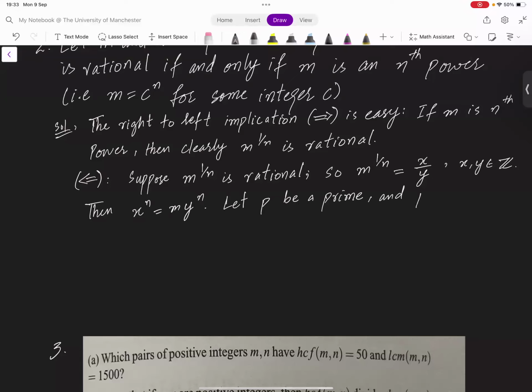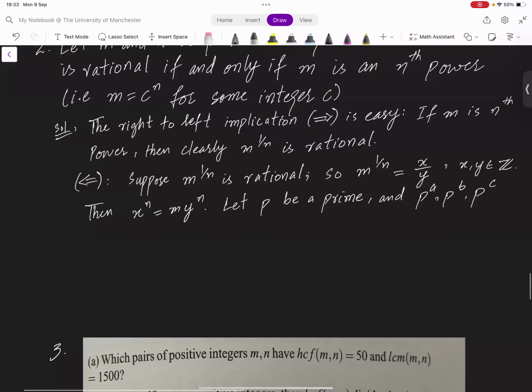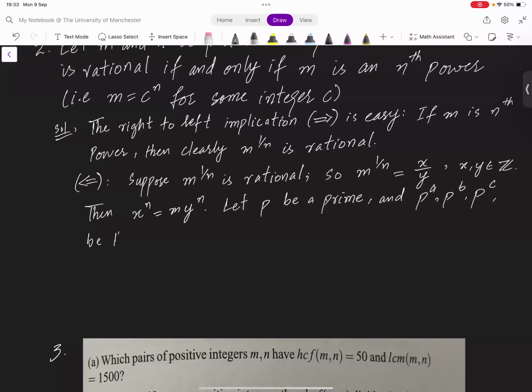and p power a, p power b, p power c be the largest powers of p which divide x, y, m respectively.